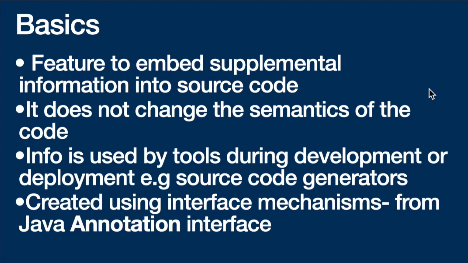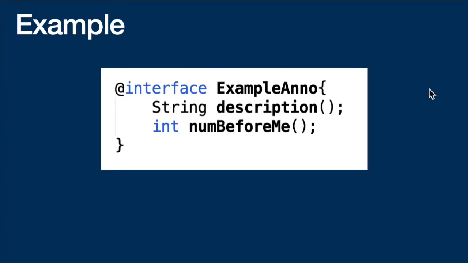Annotations are created using the interface mechanism preceded by the @ symbol, as depicted in this example. Here you can see the @ symbol, and we follow it with the keyword interface and then the name of the annotation.